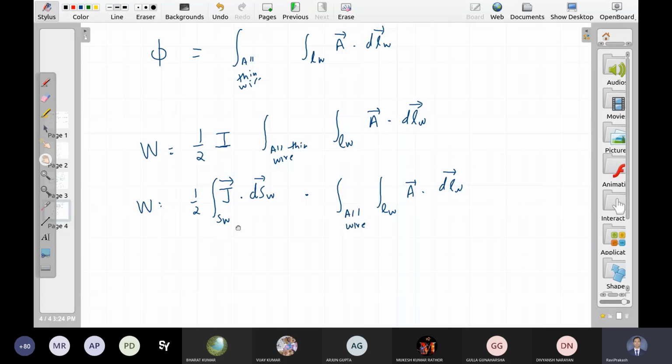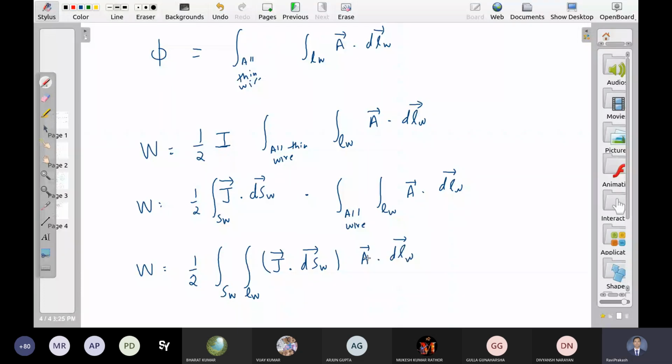So I can also write this as just a product of two integrals. Half, integral over SW, integral over LW of vector J dot DSW, vector A dot DLW, and integral over all wire.